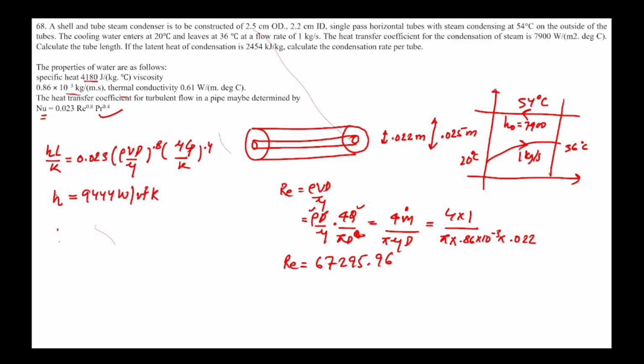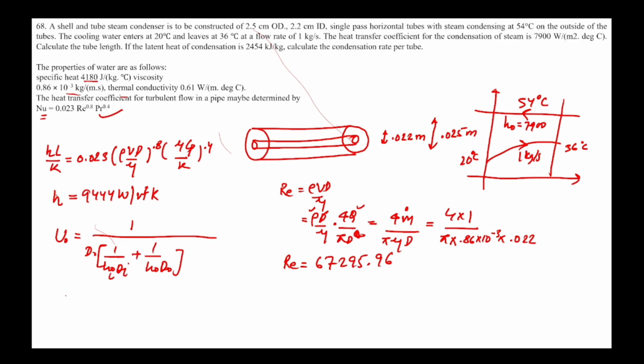Now I told you the formula for overall heat transfer coefficient based on the outside: 1 upon U naught equals D naught upon h inside D i, plus 1 upon h outside. The resistance of the tube will be negligible.